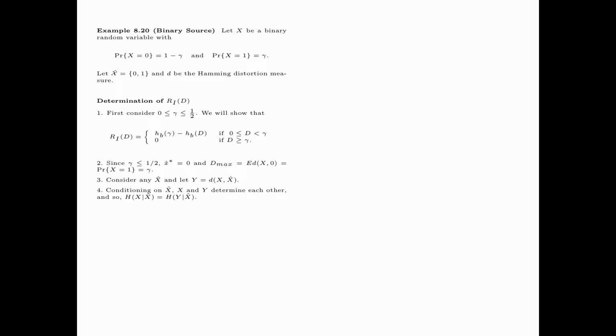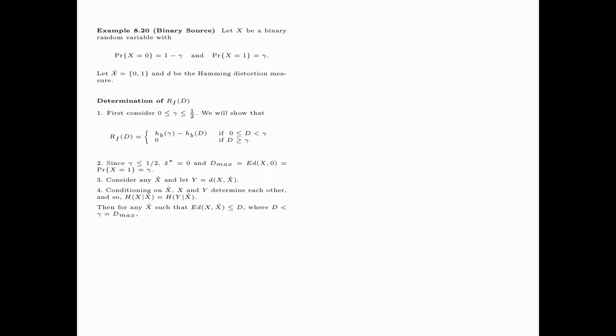Because conditioning on X hat, if we know X, then we know whether there's an error. On the other hand, conditioning on X hat, if we know whether there's an error, we also can determine the value of X. And so, the conditional entropy of X given X hat is equal to the conditional entropy of Y given X hat.